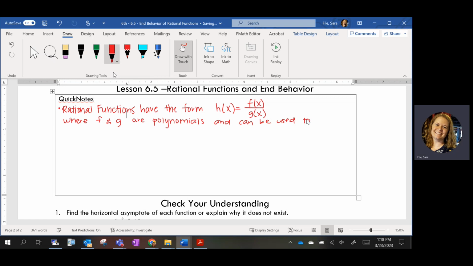and can be used to model real-world relationships. Like the anesthesia situation on the back would be a real-world relationship that's modeled by a rational function.